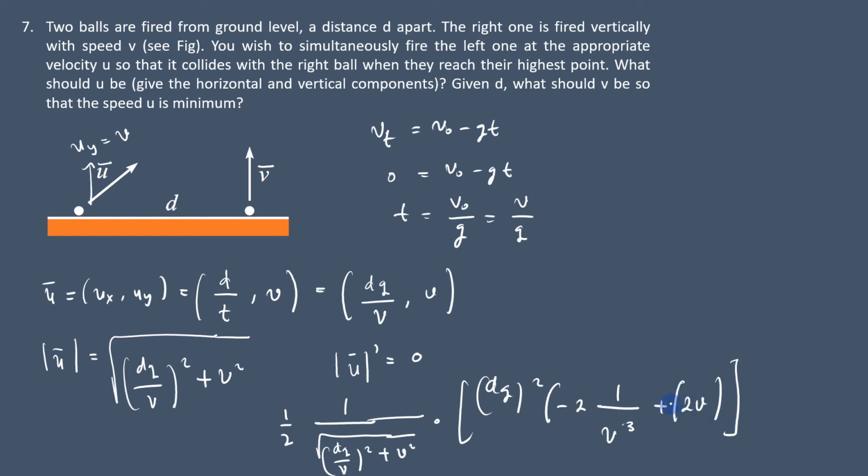Oh, sorry, this is a square root. Okay, the derivative term equals 0, of course, and we can split this term: this factor is equal to 0. So we can write it like this: dg squared times minus 2 divided by v to the 3, plus 2v equals 0.